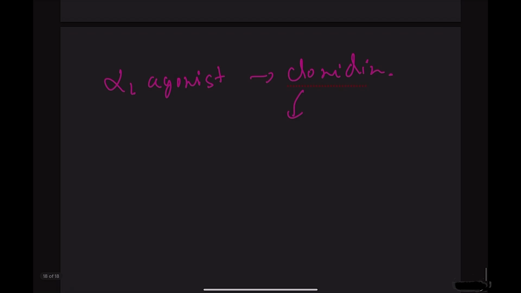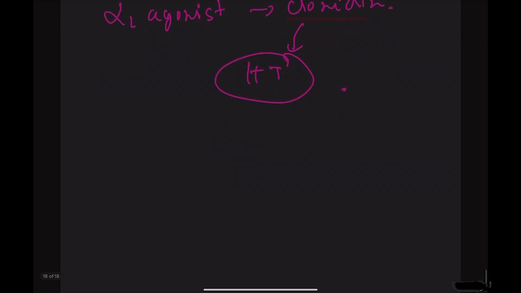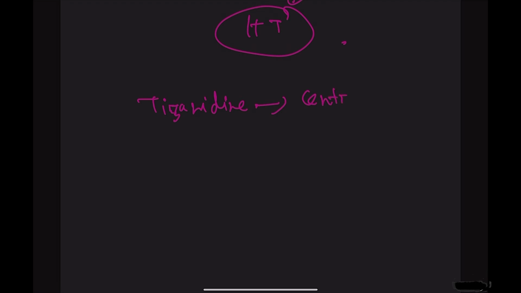Then there is an alpha-2 agonist like clonidine, and it is used as an antihypertensive, so used in hypertension. And there is the drug called tizanidine, and it is a centrally acting muscle relaxant.